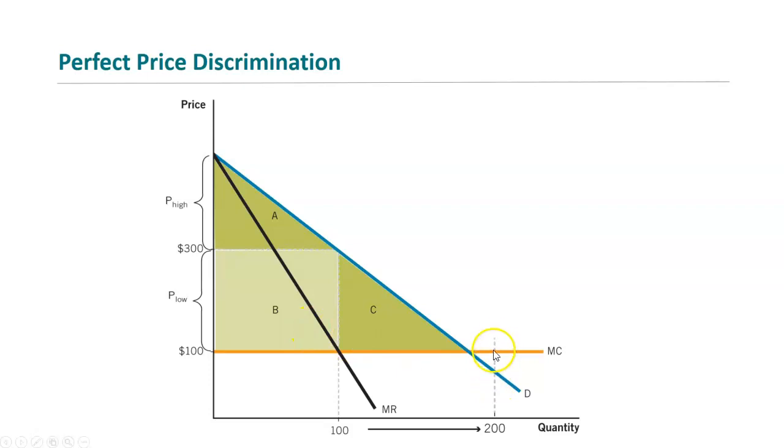This dotted line should be over here. The point being that under perfect price discrimination, you're going to keep selling until the customer's willingness to pay dips below your cost of provision, because you can sell to everyone for their highest willingness to pay. And when you do that, you get to walk away with all of this A plus B plus C area of surplus.